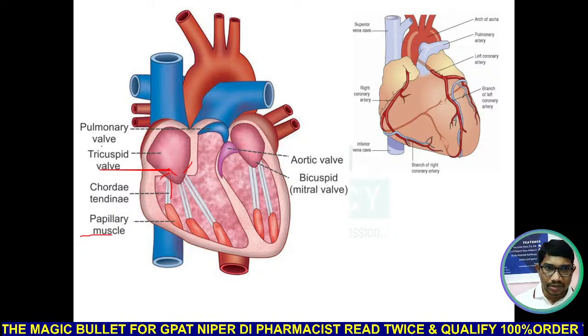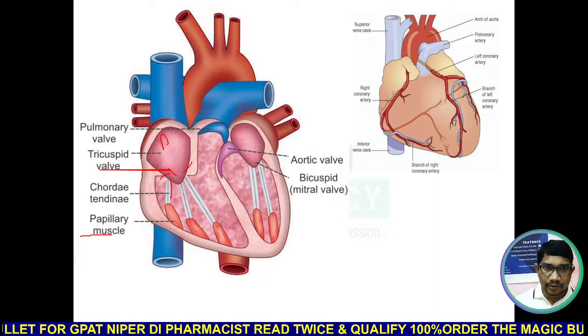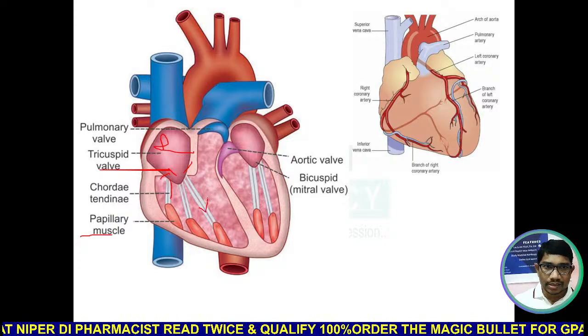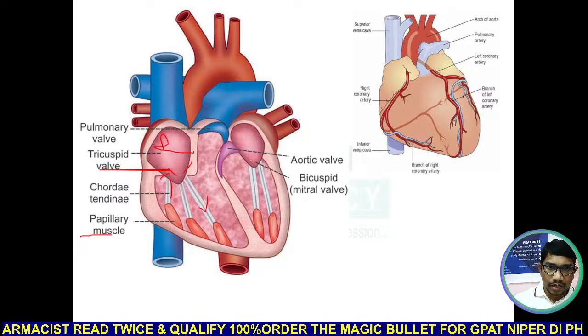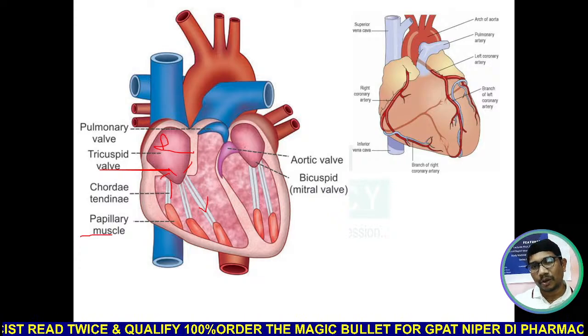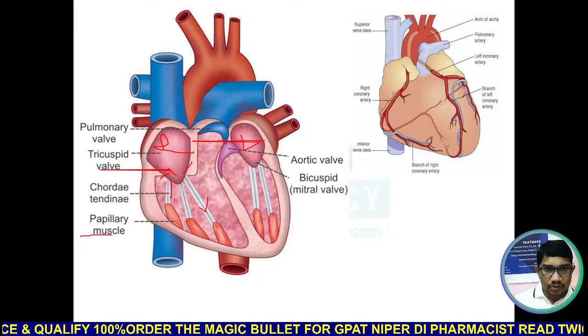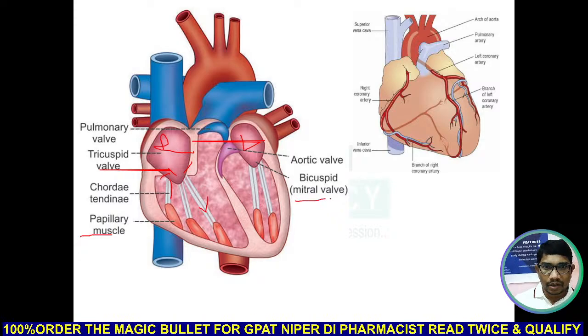So the valve is present between the right atrium and right ventricle. Between them there is a tricuspid valve, known as the atrioventricular valve. Between the left ventricle and left auricle there is a bicuspid valve or mitral valve.